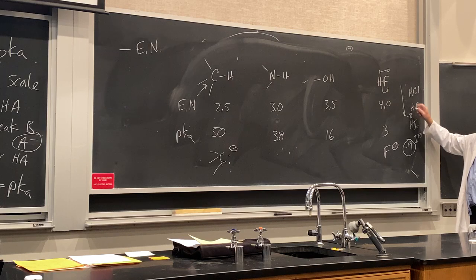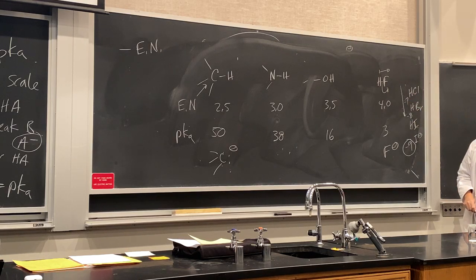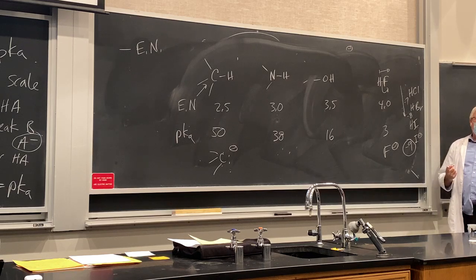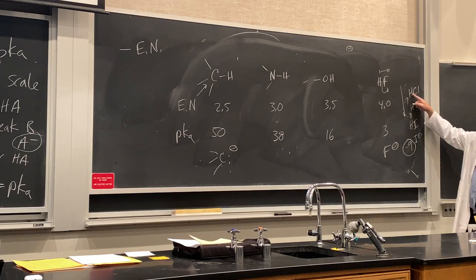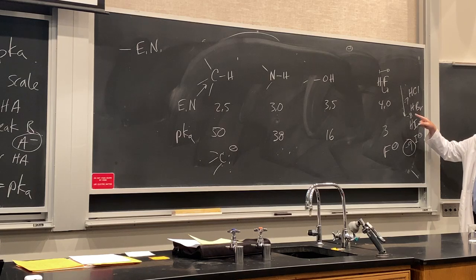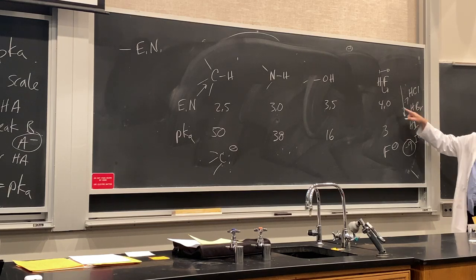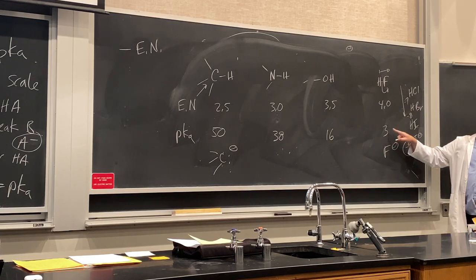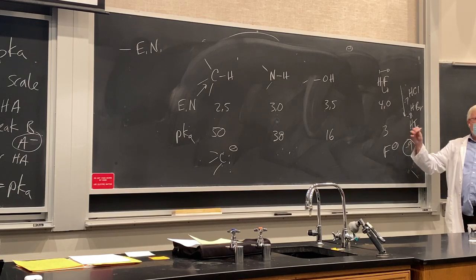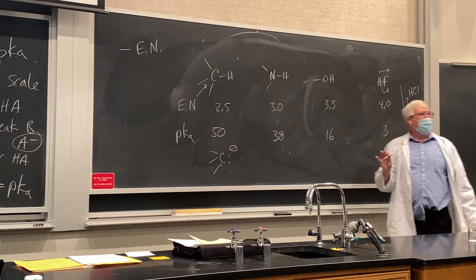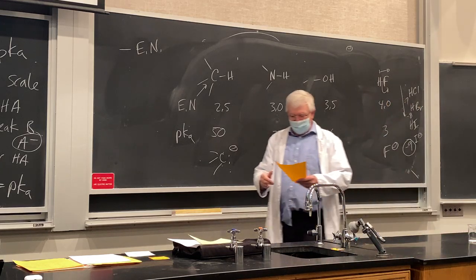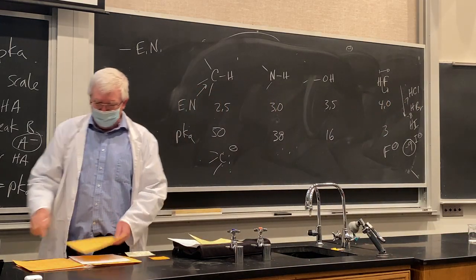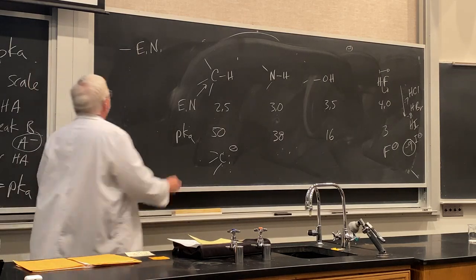HBr is -8 pKa, and what's HCl? We learned that last time, -7. So that kind of goes against things, and it has to do with the size of the atom, the weakness of this bond, and the polarizability. It's not directly then electronegativity, because HF is the weakest acid, okay? But that's inorganic stuff. I don't really care about that, but it just rounds out the discussion a little bit there. All right, let's look at another thing here.